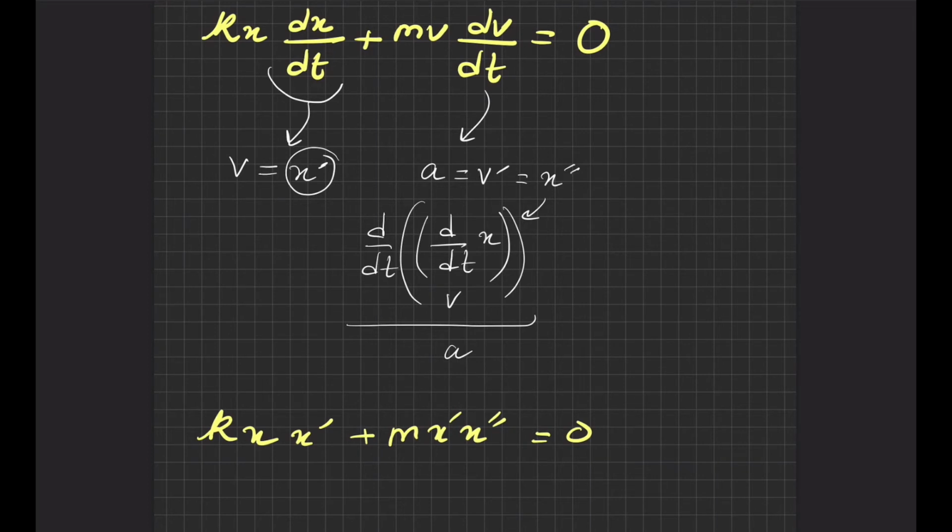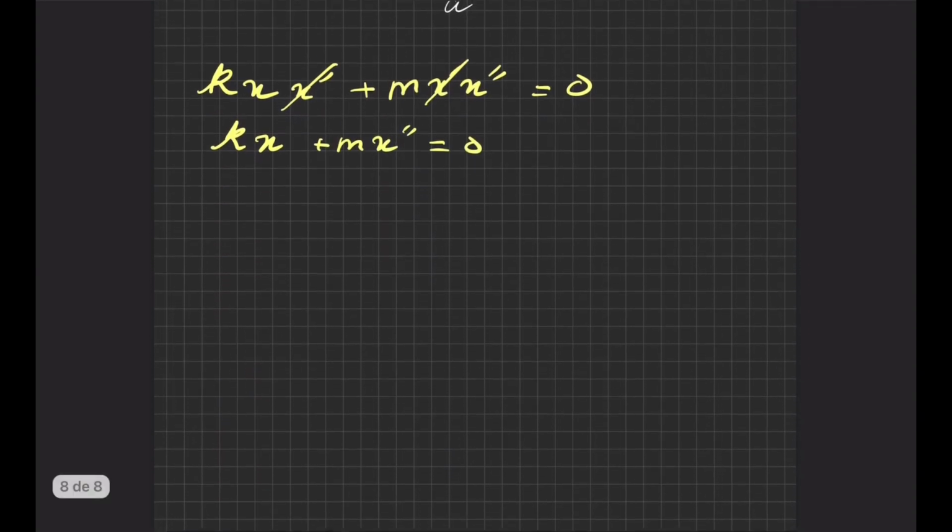So x prime and x prime, we can cancel both of them. What we ended up with is kx plus m x double prime equals 0.